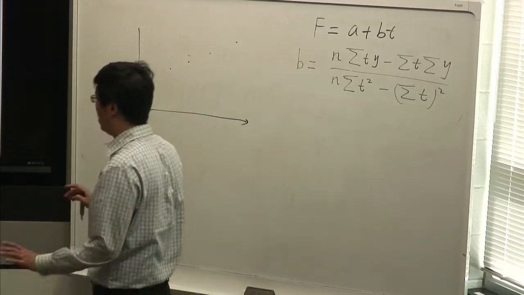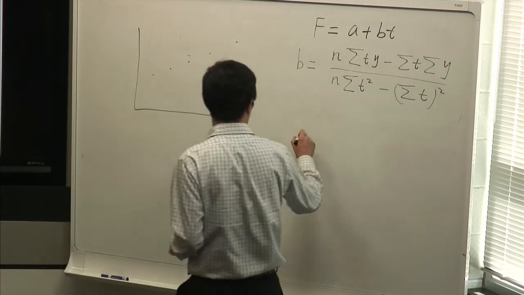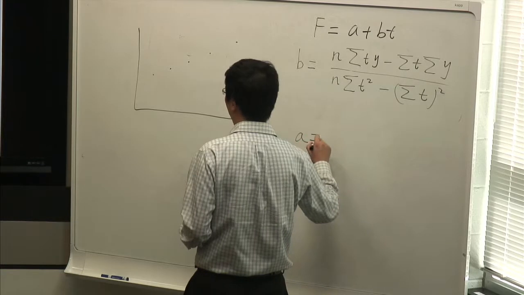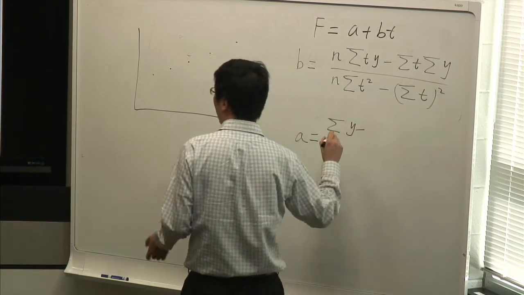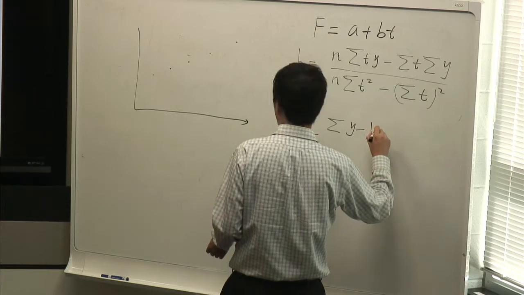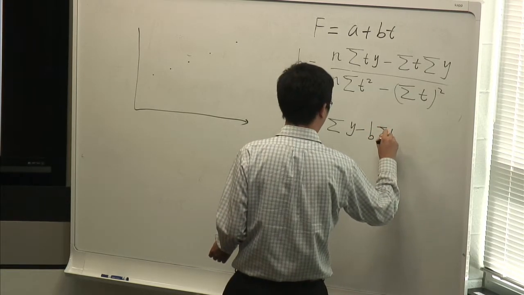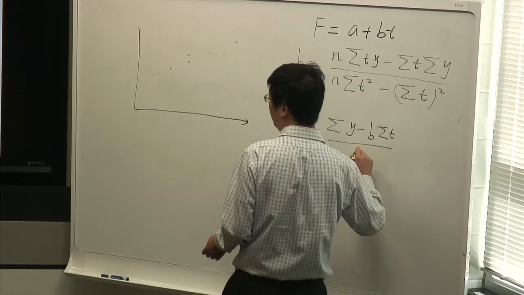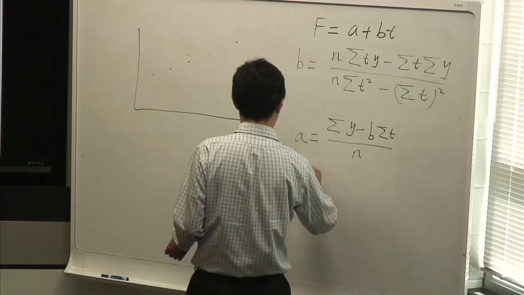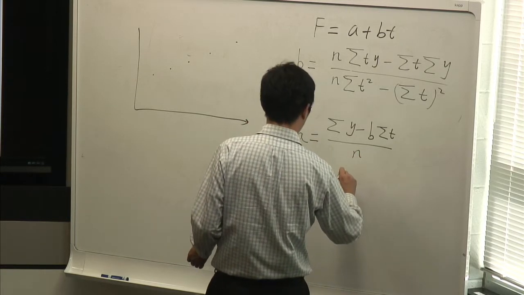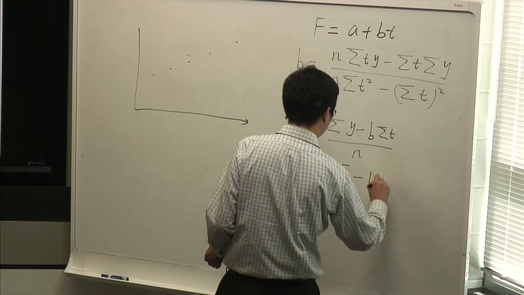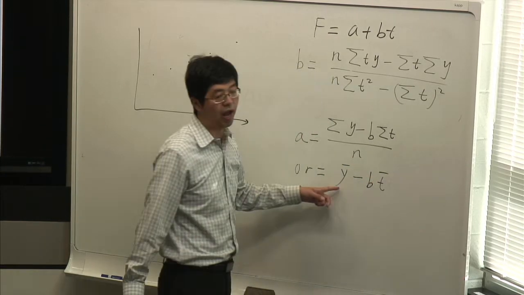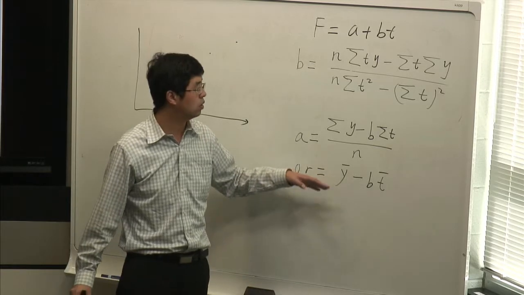The formula is complex, but don't worry, we'll have time to go through an example, then you'll know how to use this formula. Once you get b, you can calculate a in this way, or I would prefer the second formula: a equals y bar minus b times t bar. Y bar is the average of the previous demand.